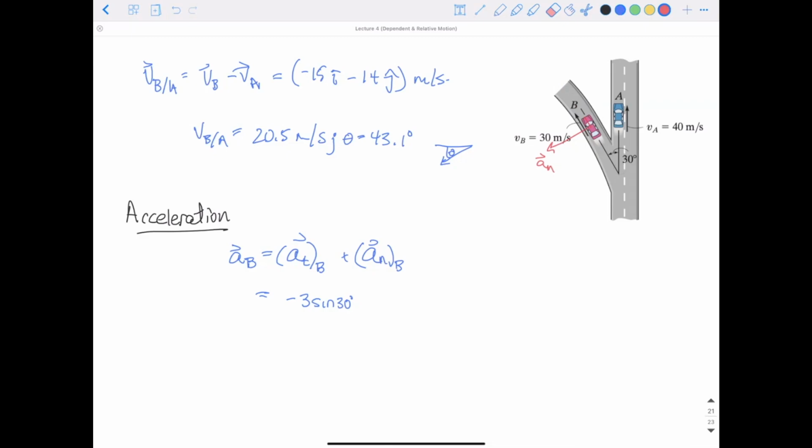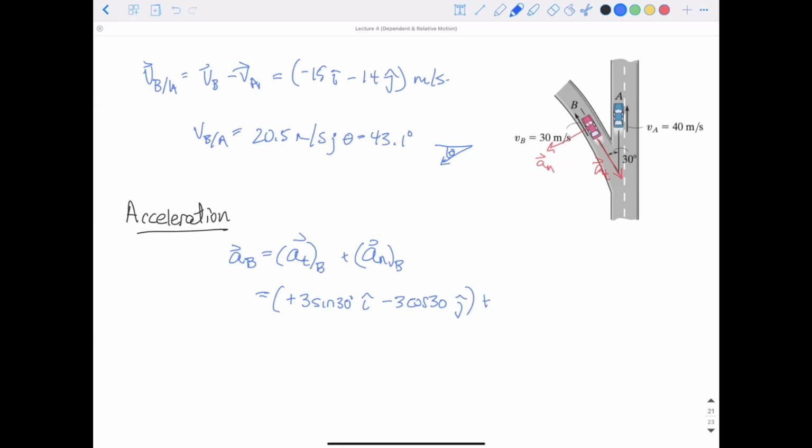Because it's decreasing its speed, let's just draw it this way. So this is actually a positive value. So plus 3 sine 30, and that's I. And then we have -3 cos 30 j. So that would be our tangent acceleration.